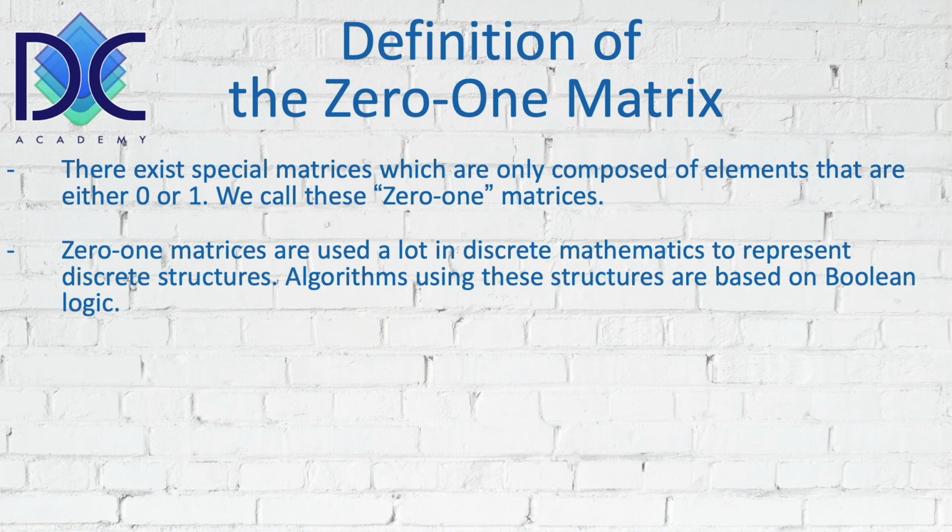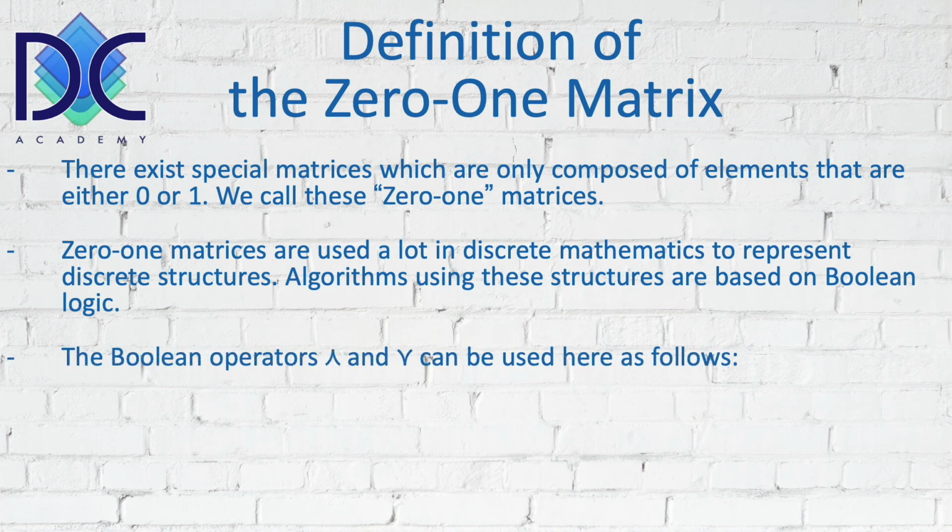Now, we look at discrete structures that can be represented by 0, 1 matrices, and the algorithms that use these are in fact based on Boolean logic. We have the Boolean operators AND and OR, which can be used as follows. B1 AND B2 is equal to 1 if B1 and B2 are both equal to 1.